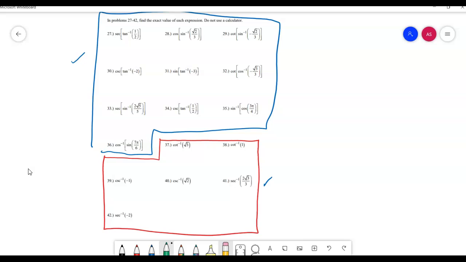Tangent inverse, cosine of an angle gives me root 3 over 3. Nope. Definitely not. Then I get to the end and I see, okay, cosine of 3 pi over 4. This one's going to be just a unit circle problem. This one's also sine of an angle that's on the unit circle. That's a unit circle problem.